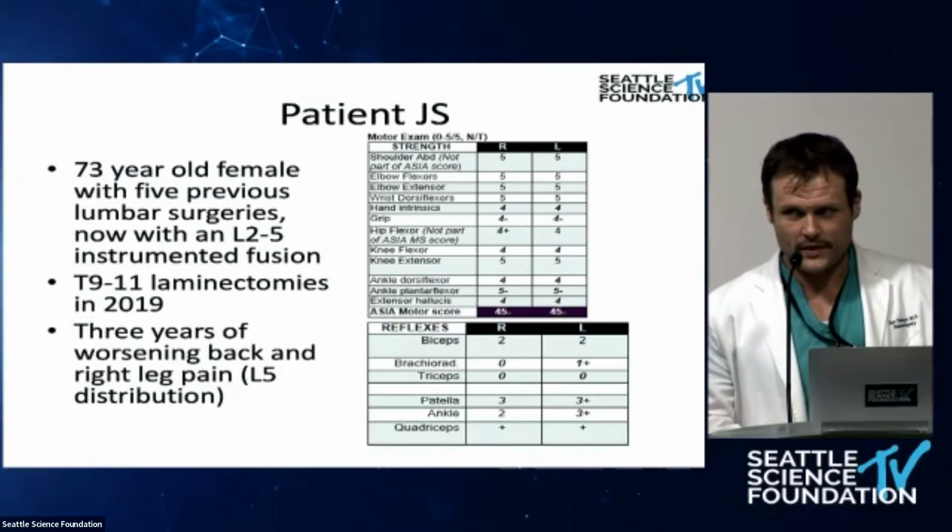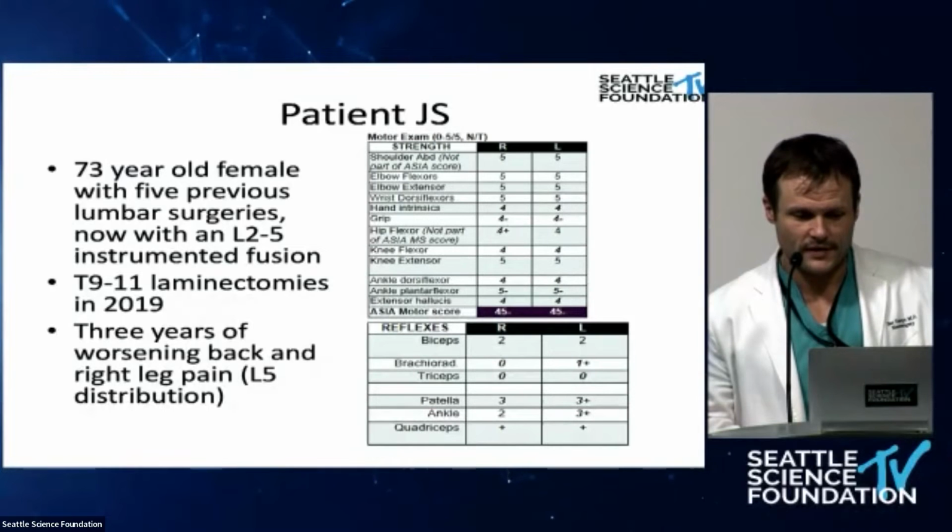Her most recent surgery was a T9 to T11 laminectomy in 2019, done at another hospital because of stenosis above her construct level. She has 3 years of worsening back pain and right leg pain in an L5 distribution, with weakness on exam.